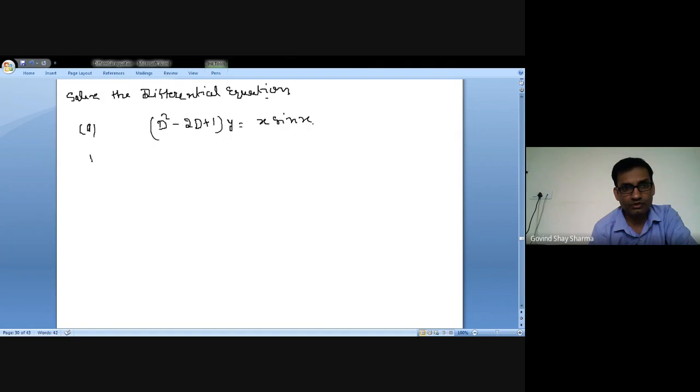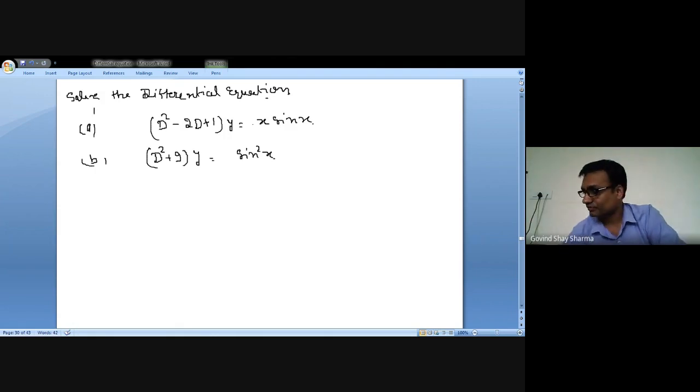First is this one, and second we take d square plus 9 operating on y equals sin square x. These two problems we are taking in today's lecture.